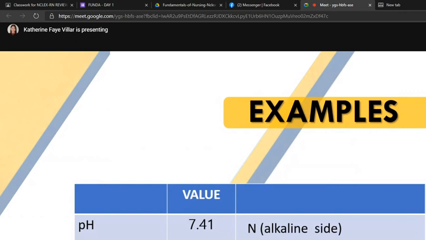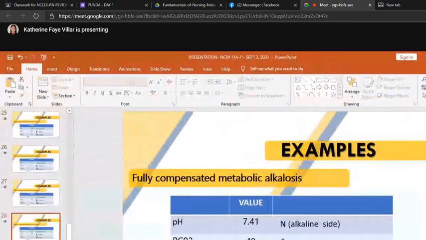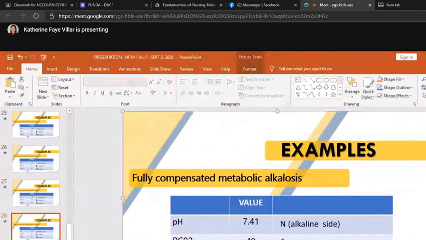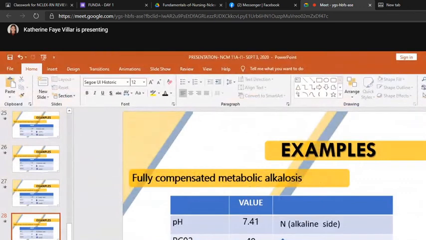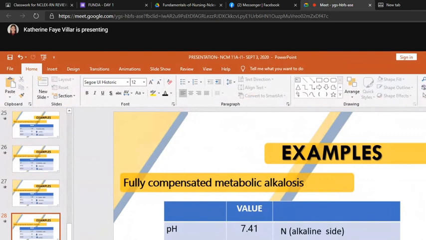Okay? So, in this case, wait lang, may mali. May mali dito. Sorry po. Anong mali dito? Ano yung papalitan natin? 49 to 45.